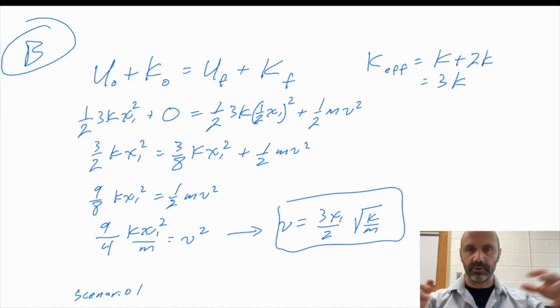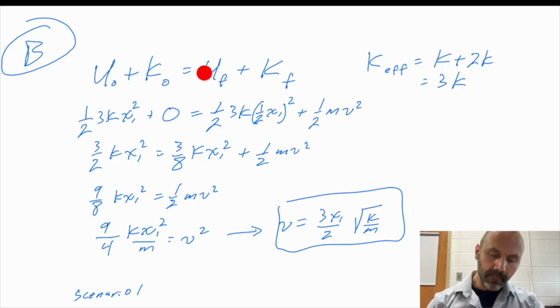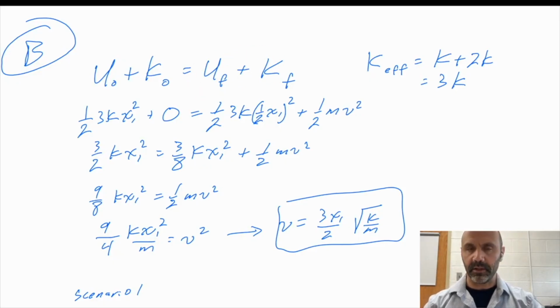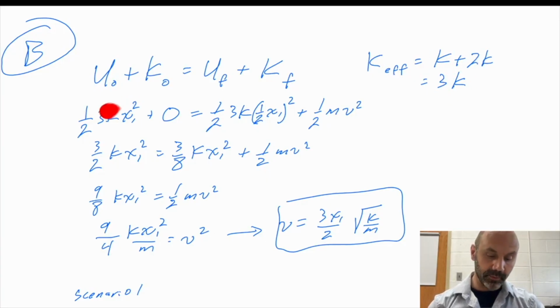But there's no work here, so we leave that out. Equals the total energy at the end, UF and KF. I found the effective spring constant here rather than finding the 2 potential energies separately. I just found one potential energy. It's basically like having springs in parallel, and so the effective spring constant is K plus 2K, which is 3K. So the total potential energy is 1/2 3k x1 squared.